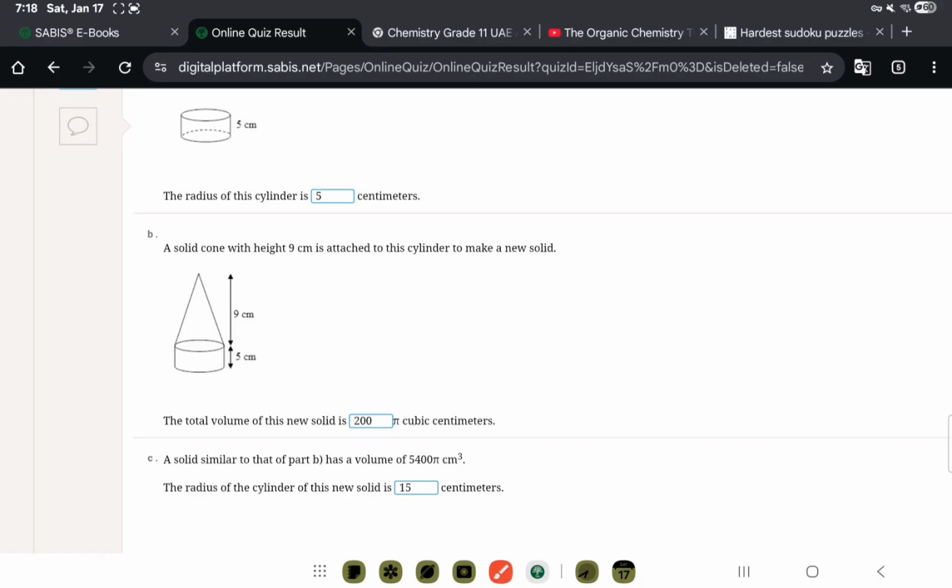Now we do the new volume. Oh, we need to find the volume of a cone first. Sorry guys. Volume of a cone. The formula is h over 3 times pi r squared. Our height is 9, over 3 times pi times r.